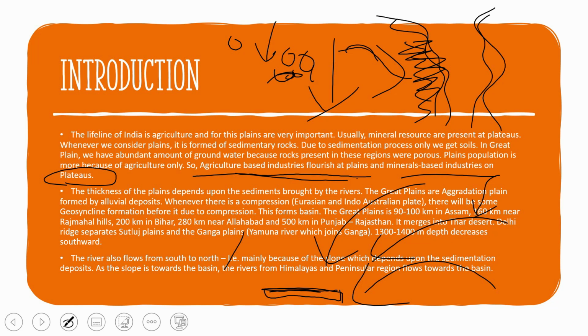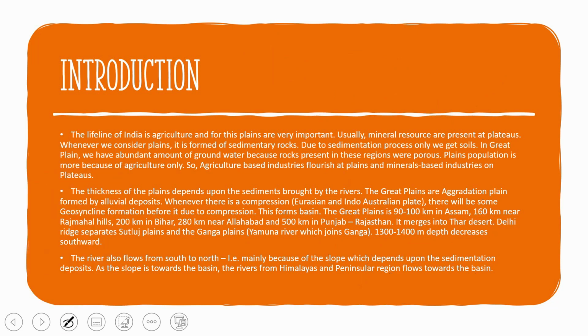So the Great Plains are an aggradation plain formed by alluvial deposit. Whenever there is compression, as I have already said, between the Eurasian plate and the Indo-Australian plate, there will be some geosyncline formation due to compression.